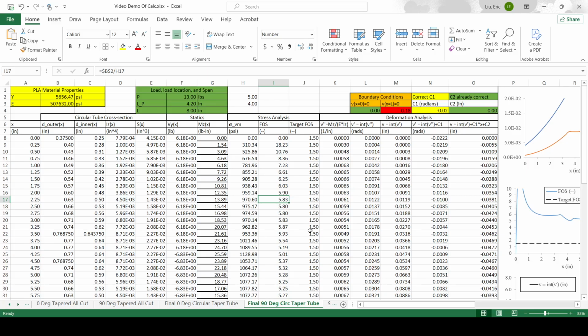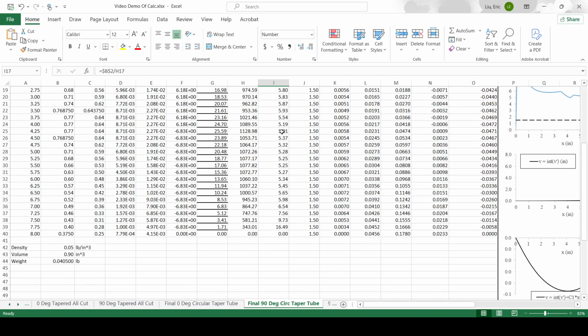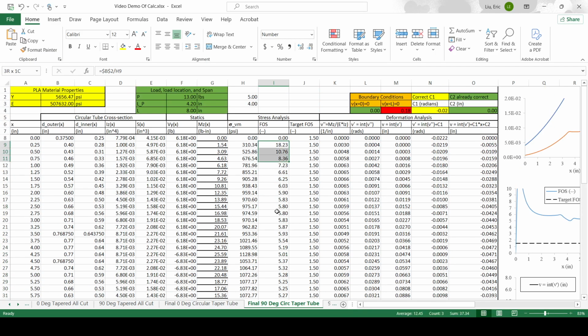For this project, we had a target factor of safety of 1.5. As you can see, we did not even reach close to 1.5, but that is only due to printing limitations where we had to have a minimum thickness of at least 0.13 inches in order for the printer to print our cross section. So that's why our factor of safety ended up being so high.